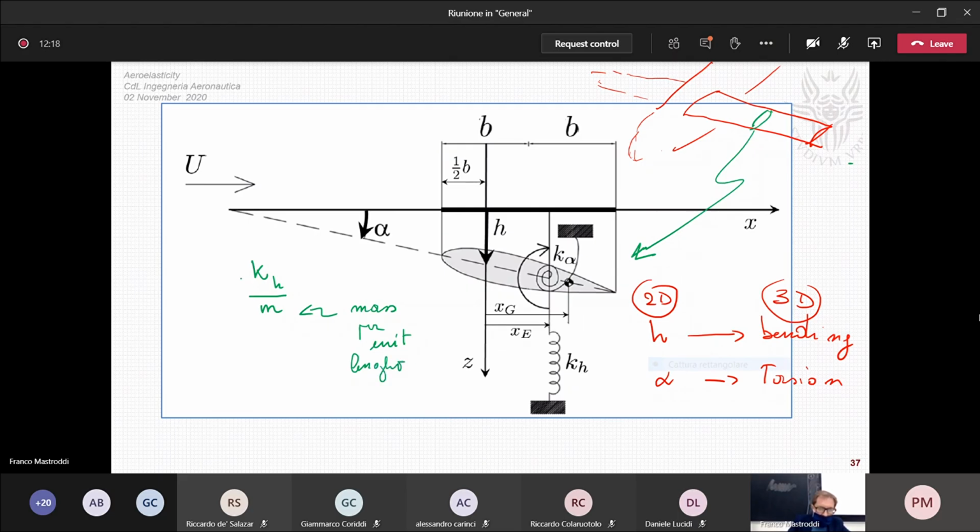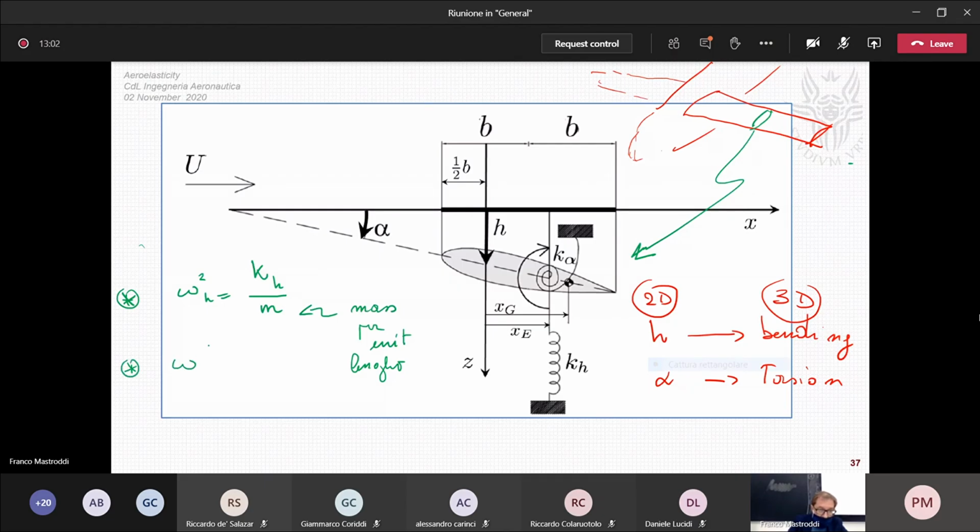This ratio represents the frequency, better the square of radian frequency, but this frequency is not properly the natural frequency of the system. This should be the natural frequency of the system in the case the bending and the torsion mode were decoupled. So we have two frequencies, this and this.